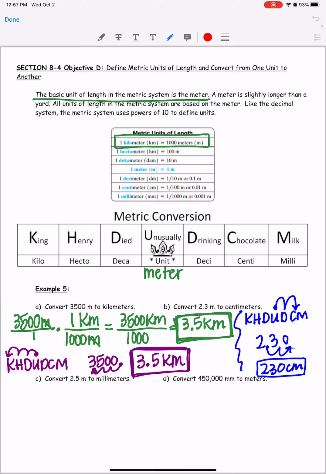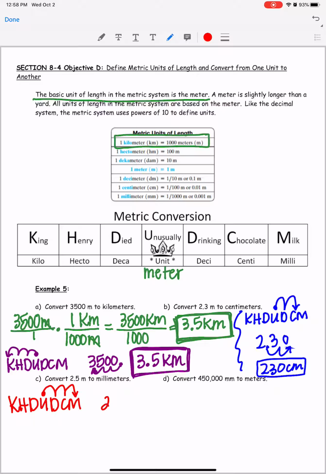Okay, let's try again here. Convert 2.5 meters to millimeters. So we have King Henry died unusually drinking chocolate milk. Starting at meters, that is my unit, and I need to go to millimeters, which is this M right here. So from my unit, I'm moving my decimal 1, 2, 3 places over to the right.